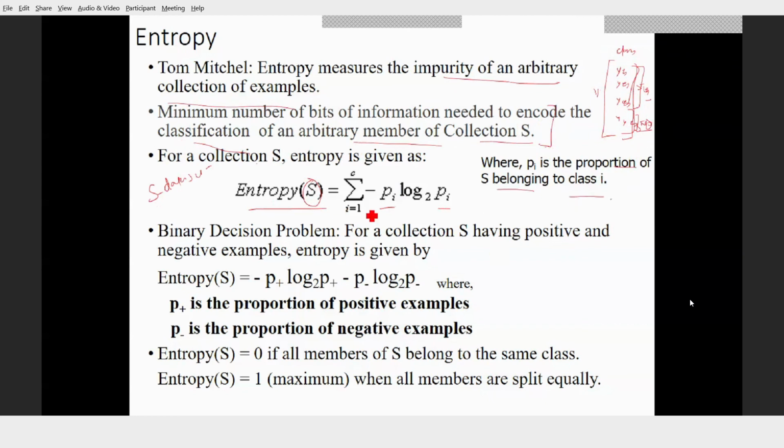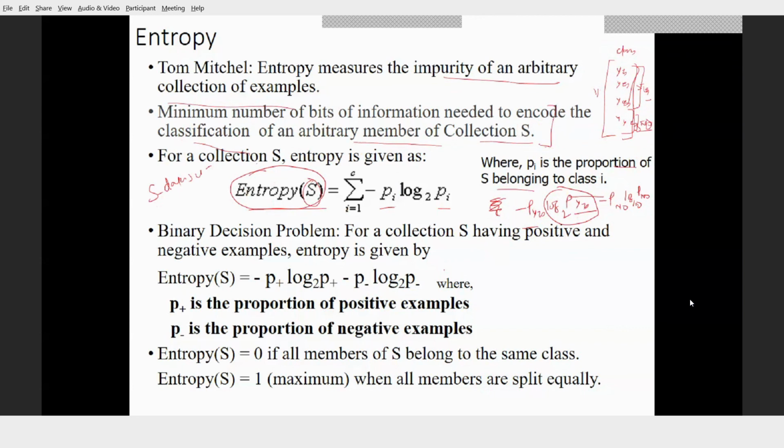If there are two classes, then it is minus probability of yes times log of probability of yes to the base 2, minus probability of no times log of probability of no to the base 2. So we find the probability of yes, find the probability of no, take the log of each and add both terms. That gives us the total entropy of the data set. Am I clear?